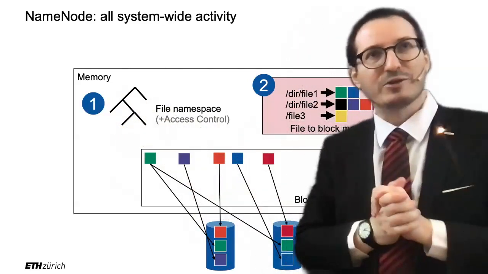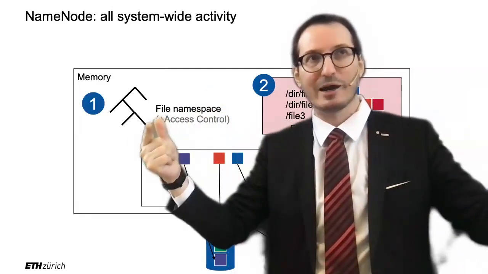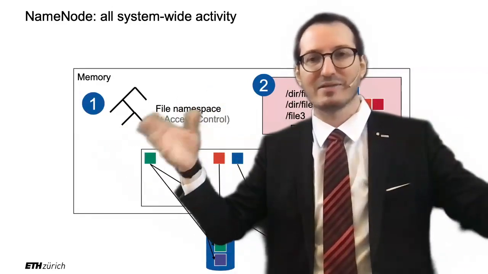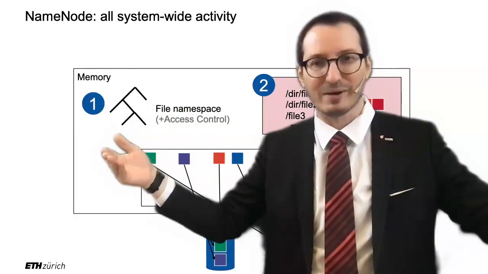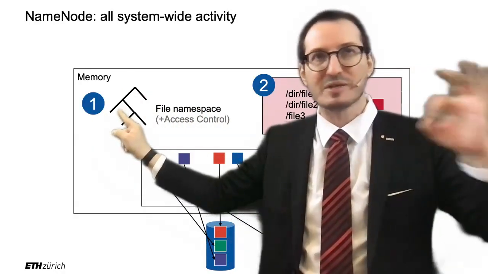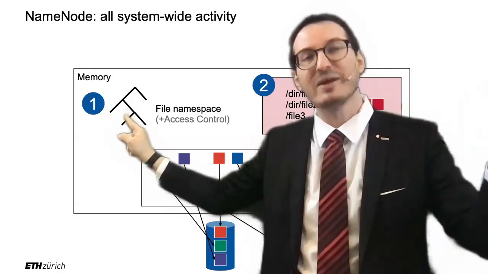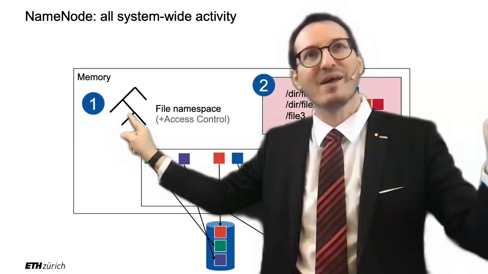Access control, what does it mean? You know that on your file system, you might have users and groups that are allowed to read or write the data, and that says who is allowed to read and write the data. This is also the case here. You can also assign users and groups exactly as you do on a local file system. In fact, we will see, who knows POSIX?